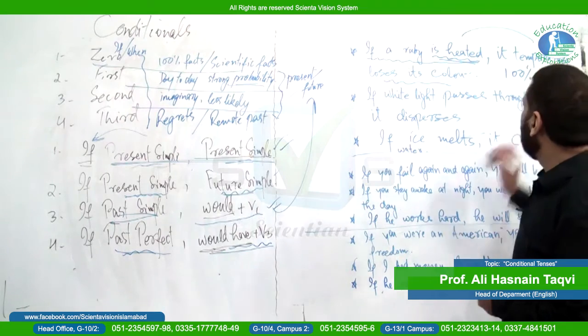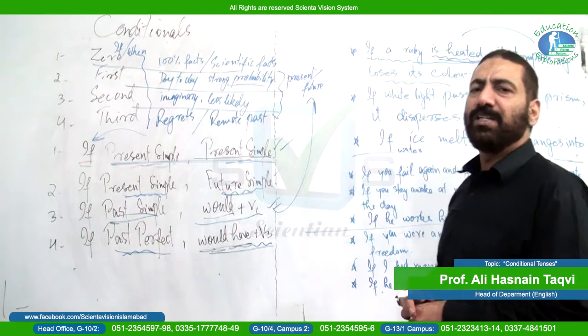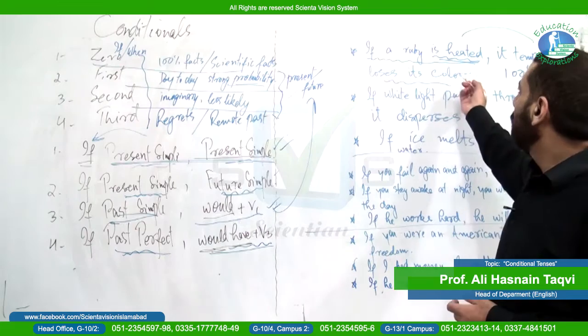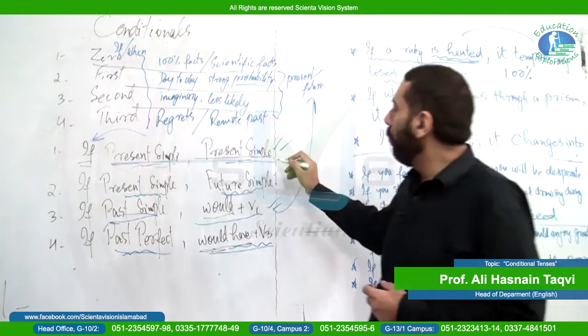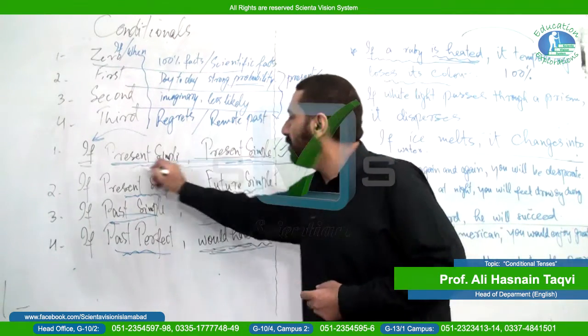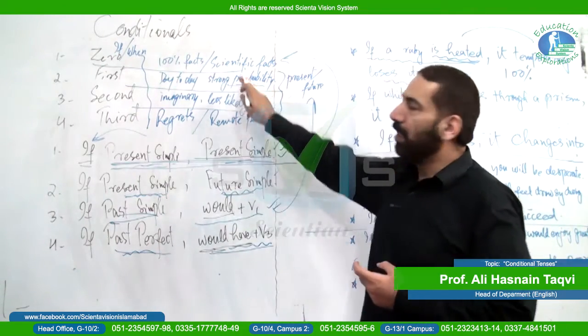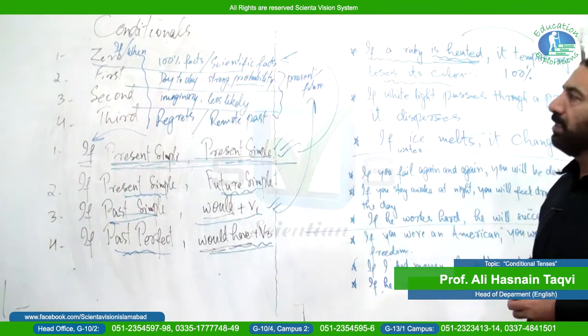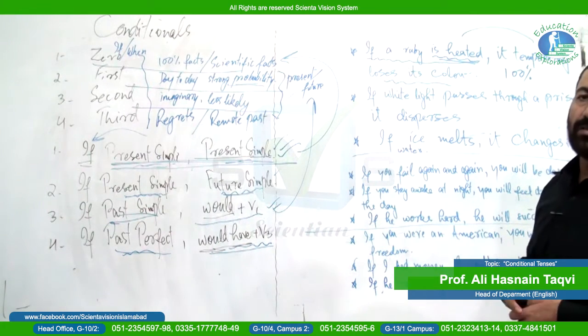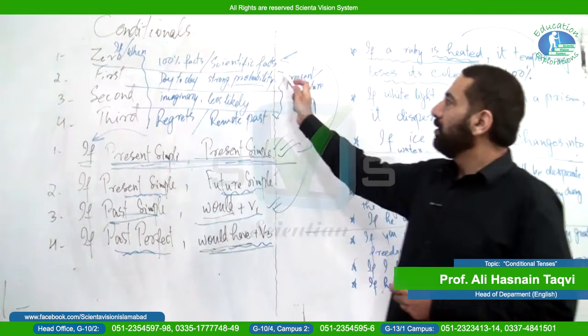There cannot be any change in this scenario. So we need to only stick to this first structure because that is the structure to handle 100% fact-based stories or statements, scientific facts.